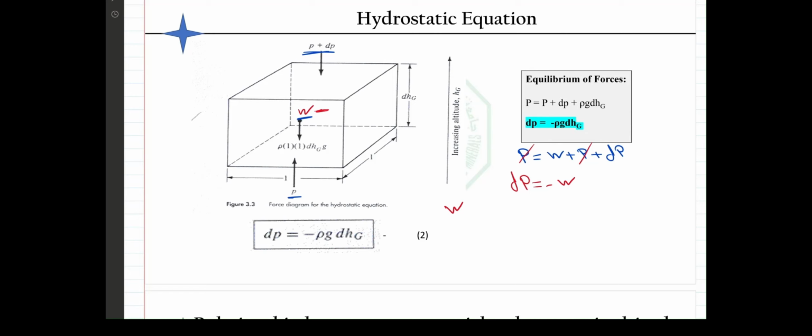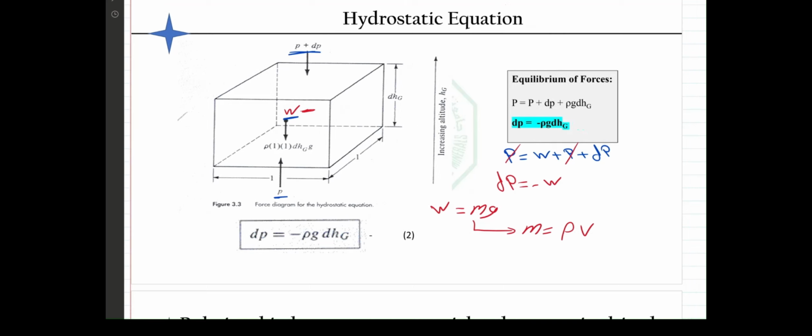Now let's derive W. Weight equals mg, and as we mentioned before, mass equals rho multiplied by volume, density multiplied by volume.